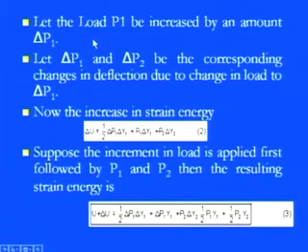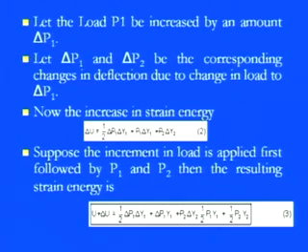So let us say the load P1 is increased by an amount delta P1. Let delta Y1 and delta Y2 be the corresponding changes in the deflection due to the change of load delta P1. So now we have different deflection terms because of the additional load of P1, which is considered as delta P1.